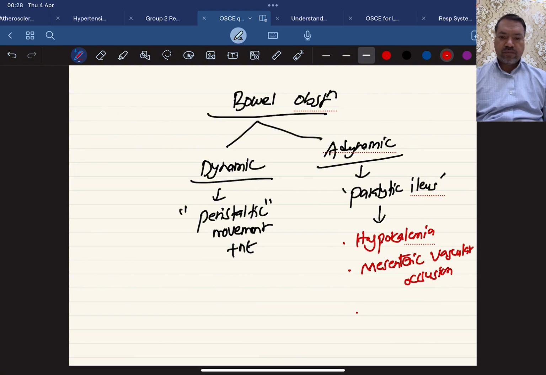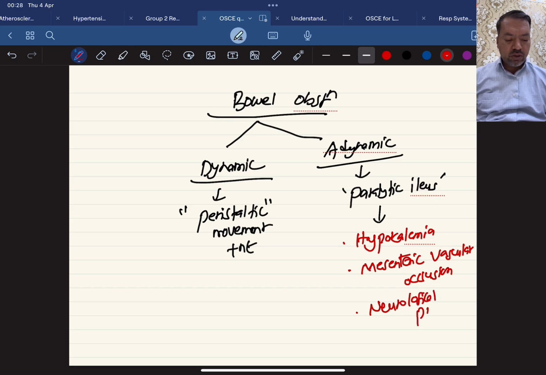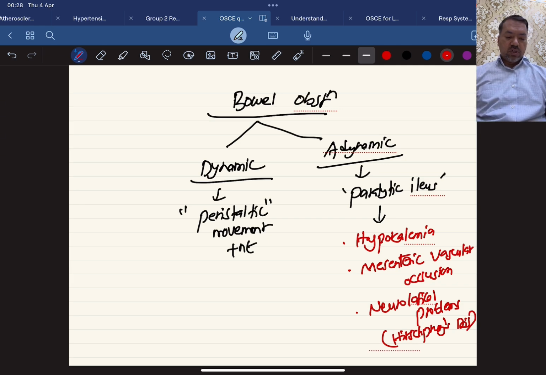And third, maybe some neurological problems. One example you can give here is Hirschsprung's disease, because the area where there are no nerve cells present cannot have peristaltic movement. So we can consider that.